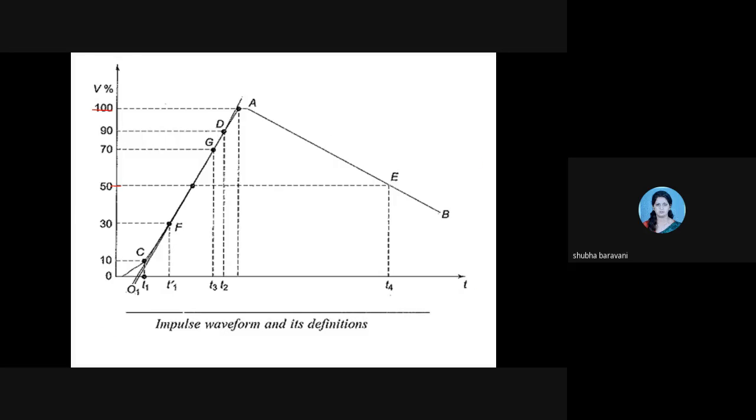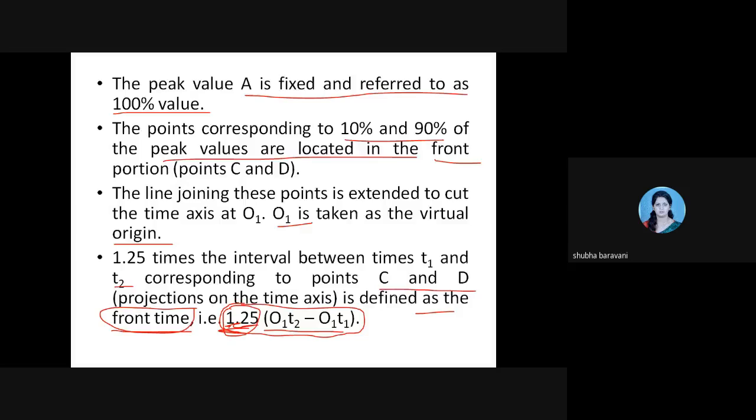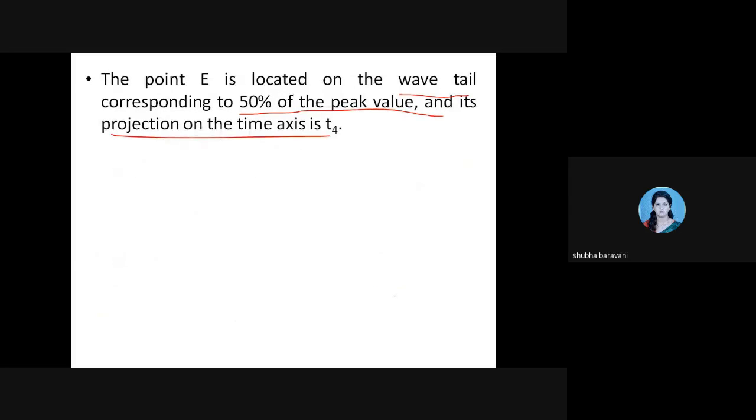See, after this we have our wave tail. So E is the point corresponding to 50% of the peak value, whose projection on the time axis is defined as T4. Understood this line? This statement is clear?